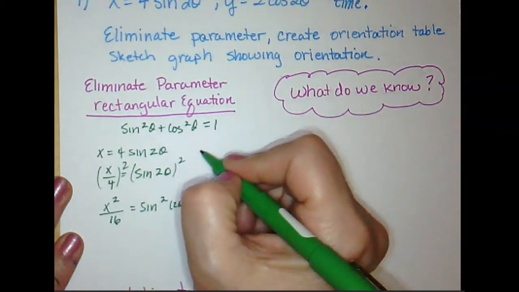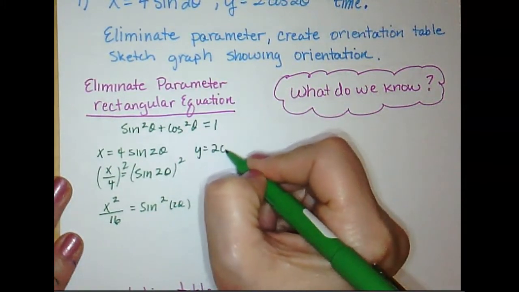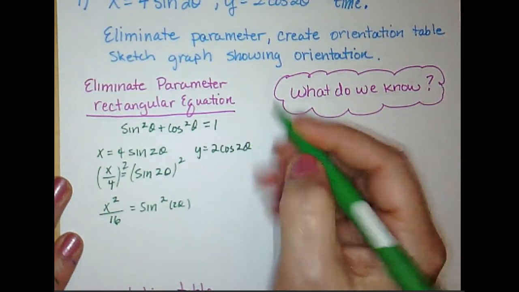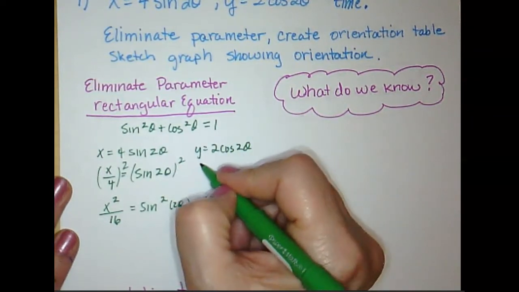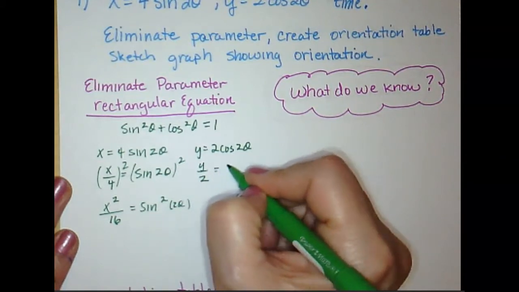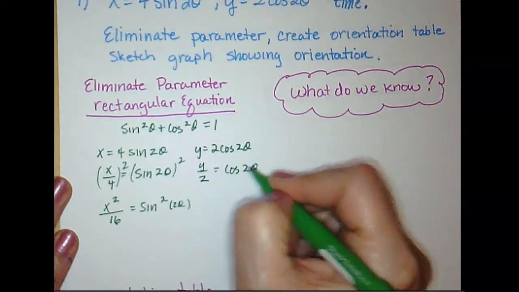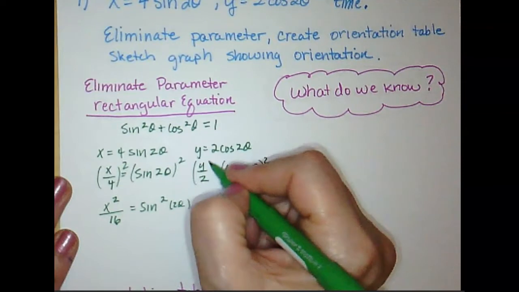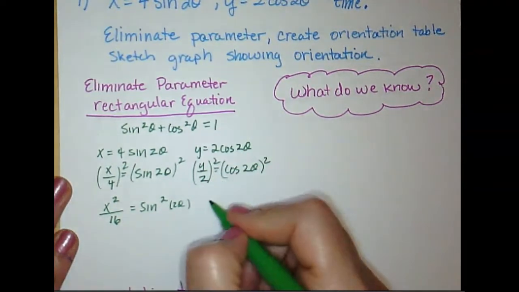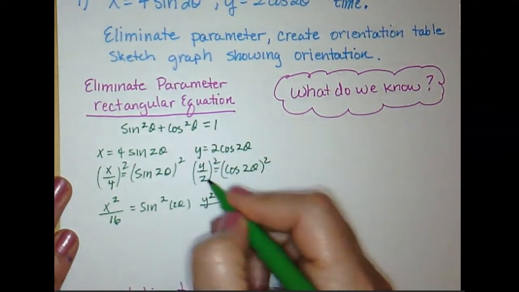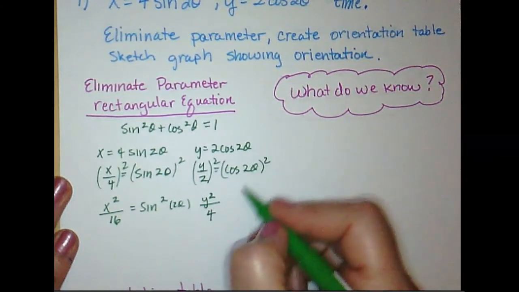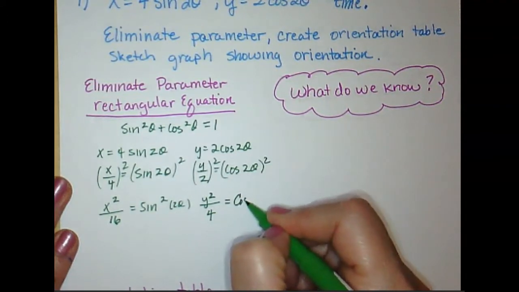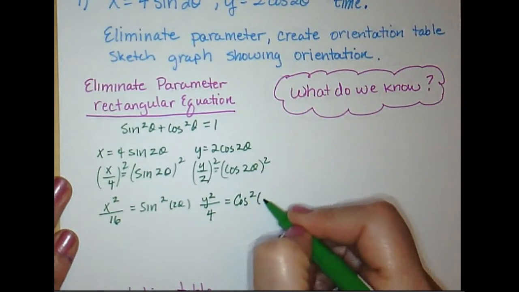Alright, so then our other equation is y equals 2 cosine 2 theta. So I'm going to have y over 2 equals cosine 2 theta. Then I'm going to square both sides, and I get y times y, which is y squared, over 2 times 2, which is 4, and that equals cosine squared 2 theta.